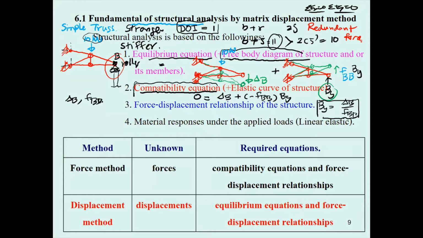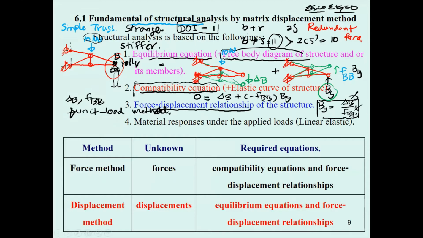sub bb. You have the knowledge from the so-called unit load method, for example, to analyze for the deflection of the truss. So you will get delta sub B, you will get f sub bb. We call this the force displacement relationship of the structure. That is from the theory of structures.